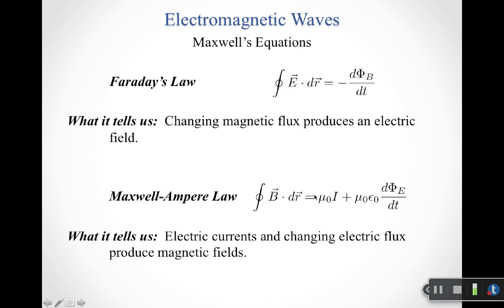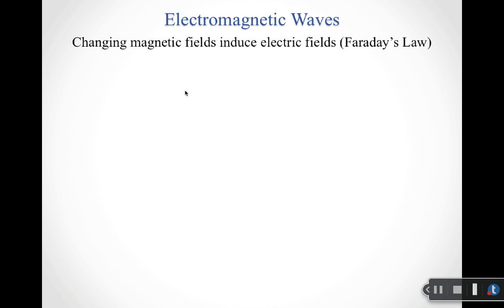Now, when you get out in vacuum and you don't have to worry about this current term, you notice that the Maxwell-Ampere law and Faraday's law very much parallel each other.